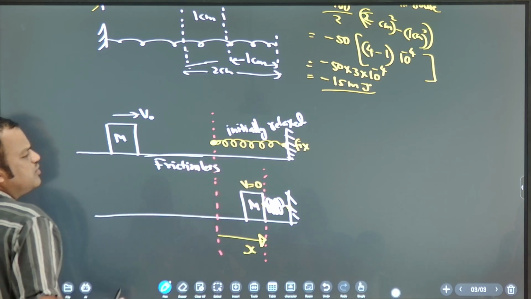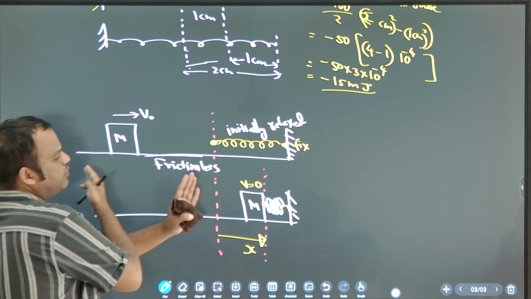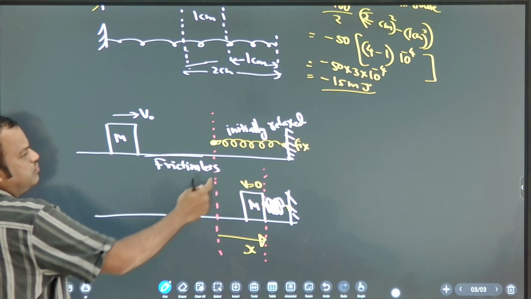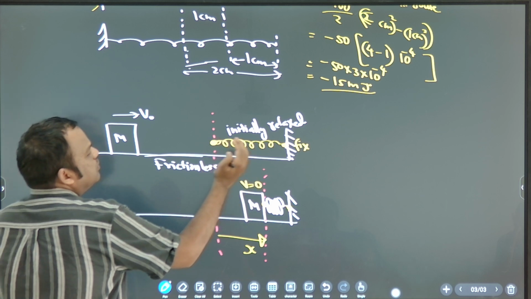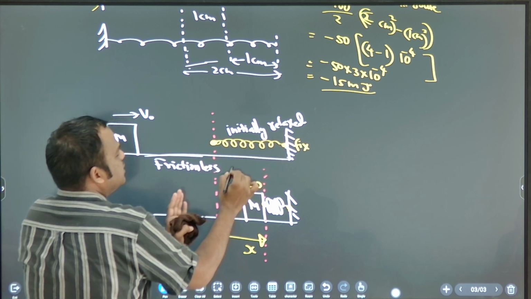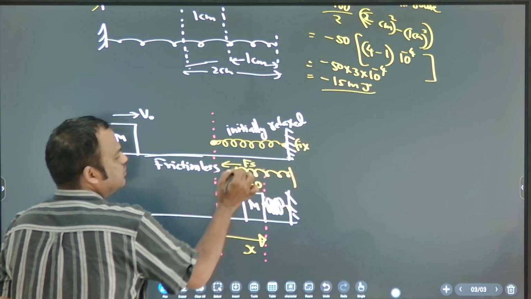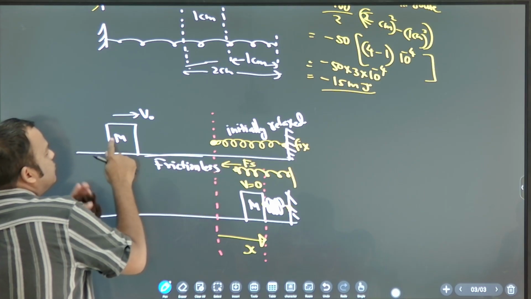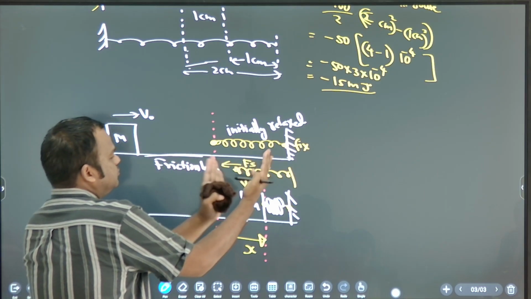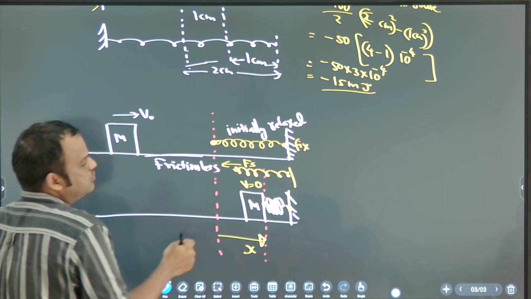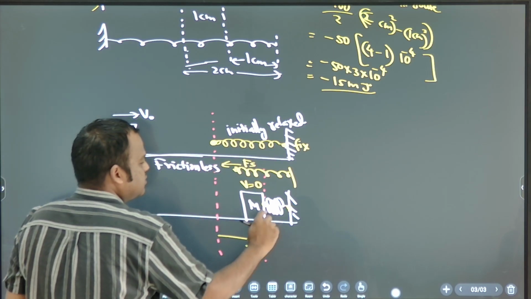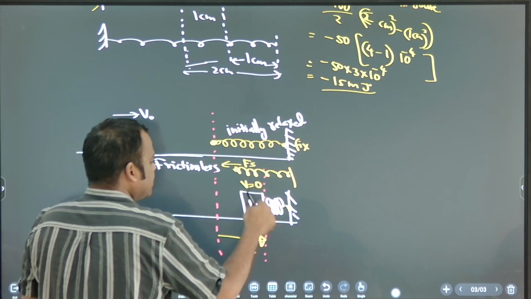Why is speed 0? Because of spring force. When the spring is compressed, what is the direction of spring force? Left. So when the block is coming like this, spring force is in the opposite direction. That's why speed is decreasing, final speed 0.